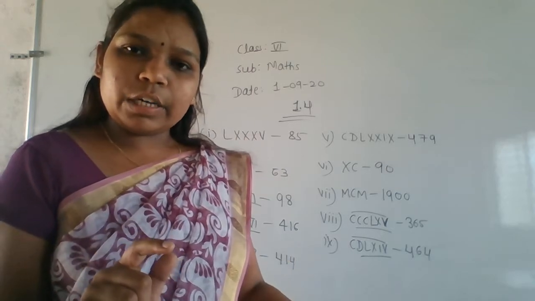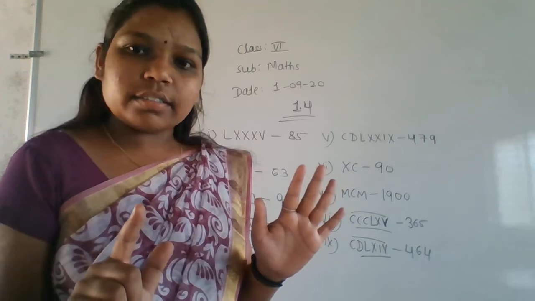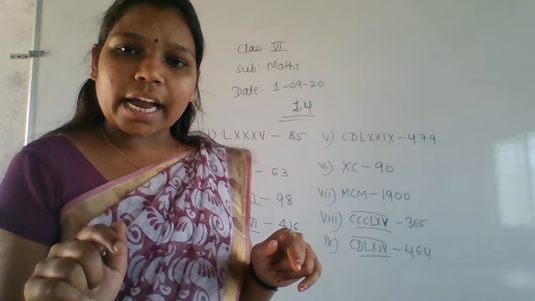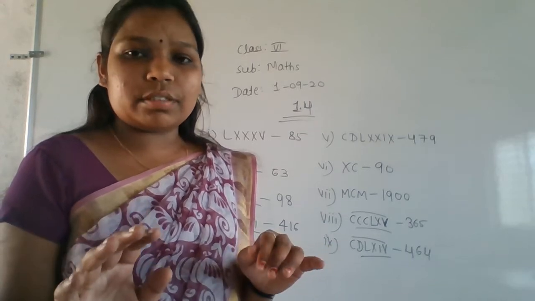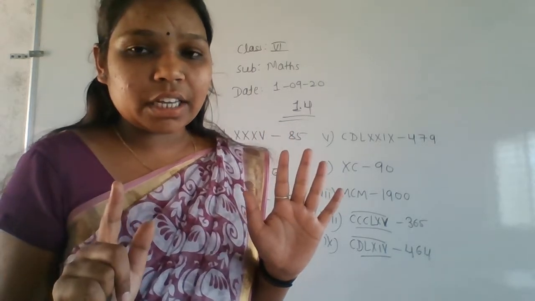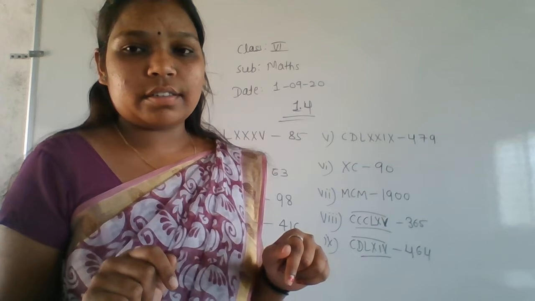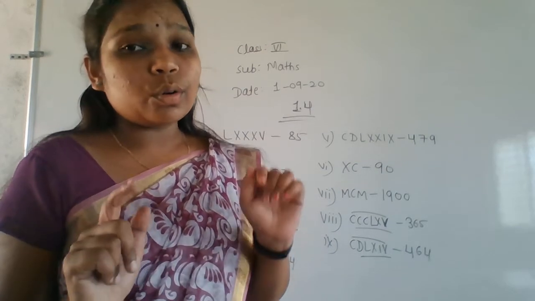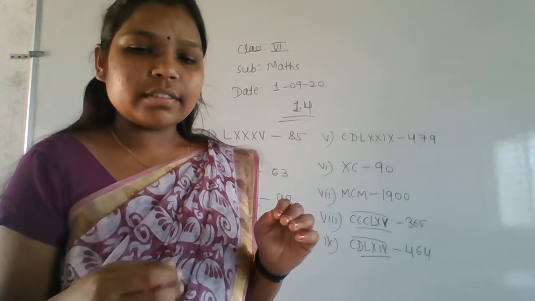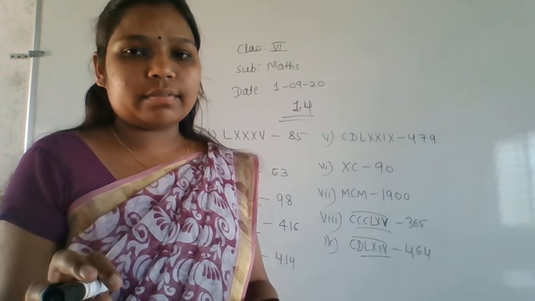Will you be ready to read those 7 years again? You decide, then play only games. If you are not ready to read those 7 years again, then read the 6th standard book now. If you are ready to read all the 7 years again, then play whatever game you want to play.